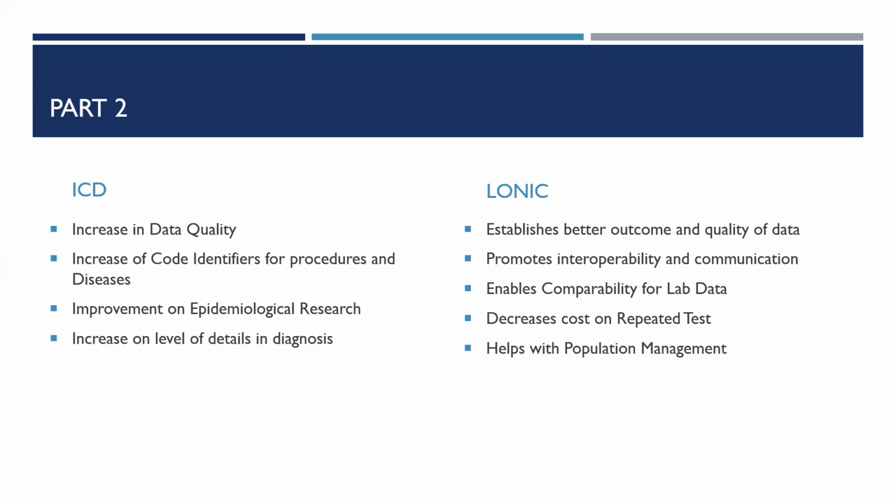So instead of saying, this code represents COVID, they can go into detail, like this represents COVID that turned into pneumonitis or pneumonia, which is important when dealing with patients who have developed pneumonia from COVID, to prescribe them the right steroids and get them the right treatment.